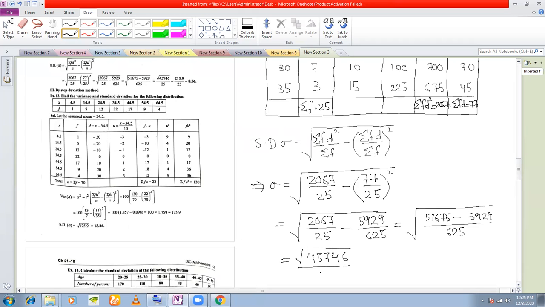divided by 25. You can apply the division method, or you will definitely have your scientific calculators, so you don't need to apply the division method. You can find the square root with the help of your calculators.